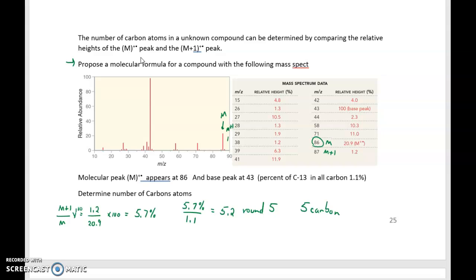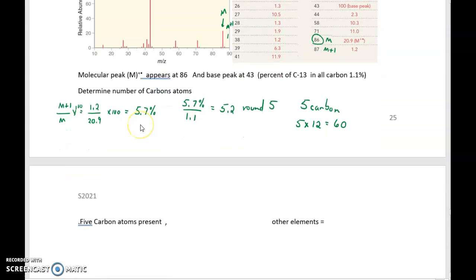And we know we have a molecular mass of 86. 5 carbons, 5 times 12, is going to give us 60. So we've got 5 carbons present, so we've got 60 molar mass units for the carbon, and we have 86 as our total mass.